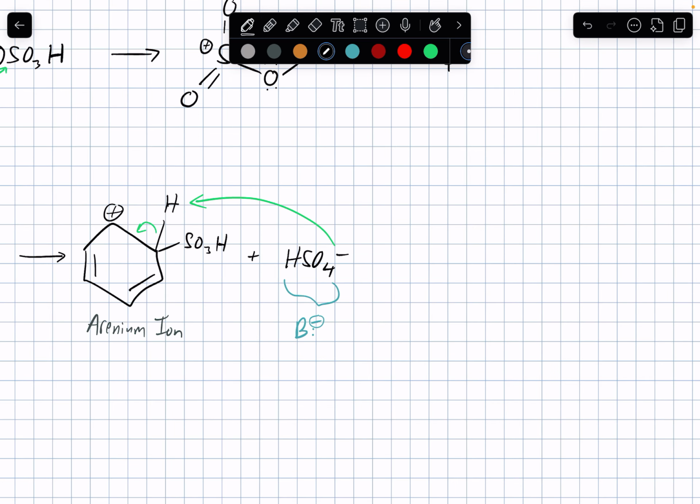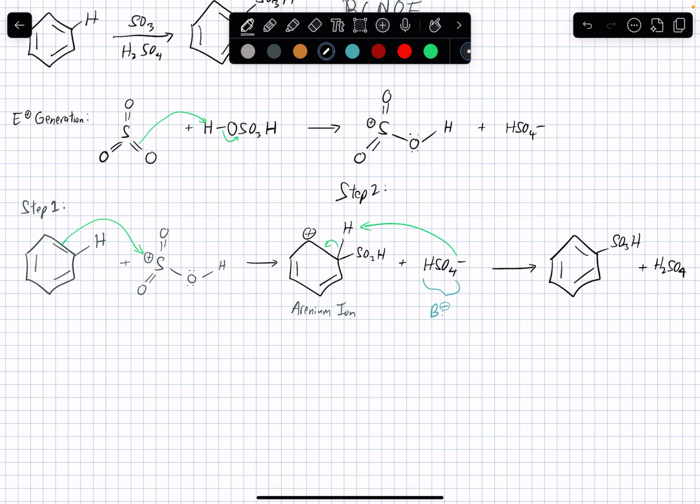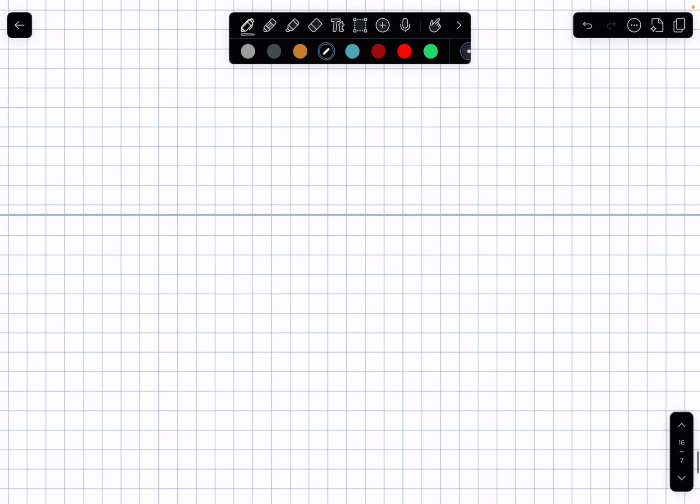So as a result, the aromatic ring is reformed. Hydrogen is gone. The catalyst is reformed. Okay, that's it for sulfonation.